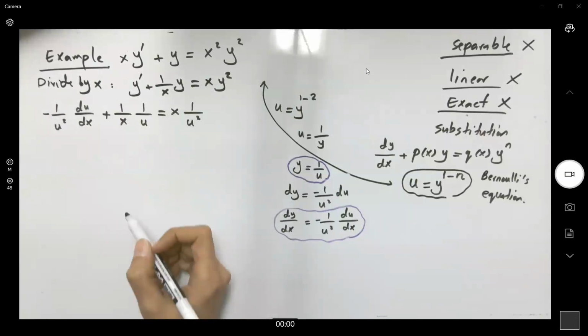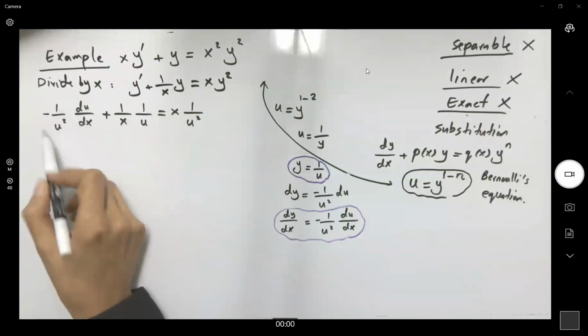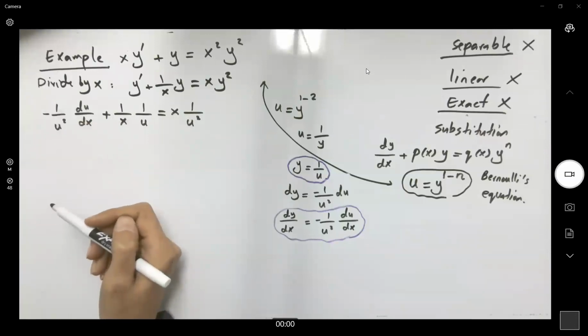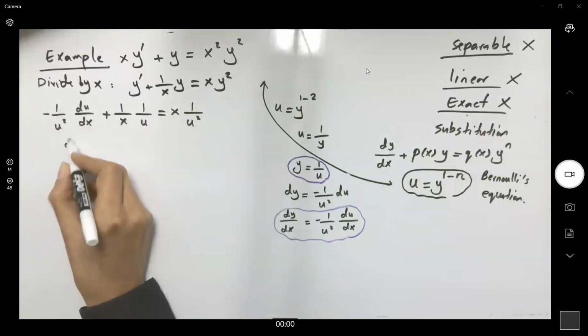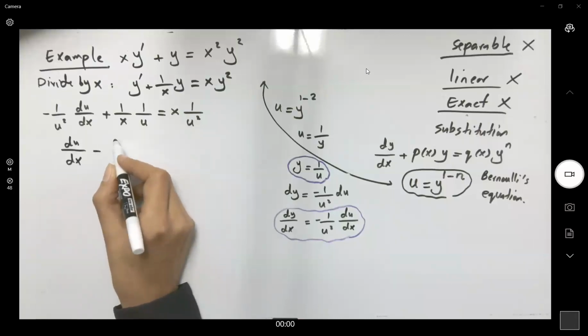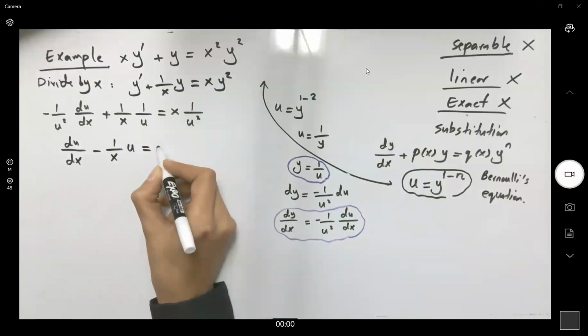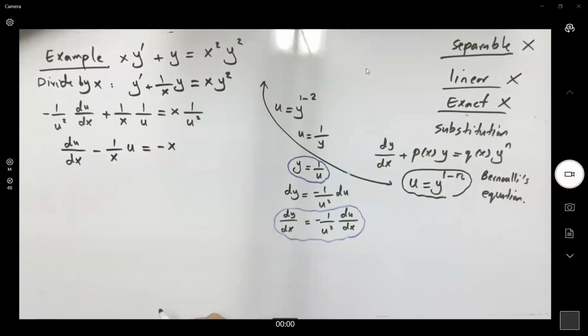What's the format that I see here? If you multiply everything by negative u squared, let's see what happens. You get du divided by dx minus 1 over x times u equals negative x.